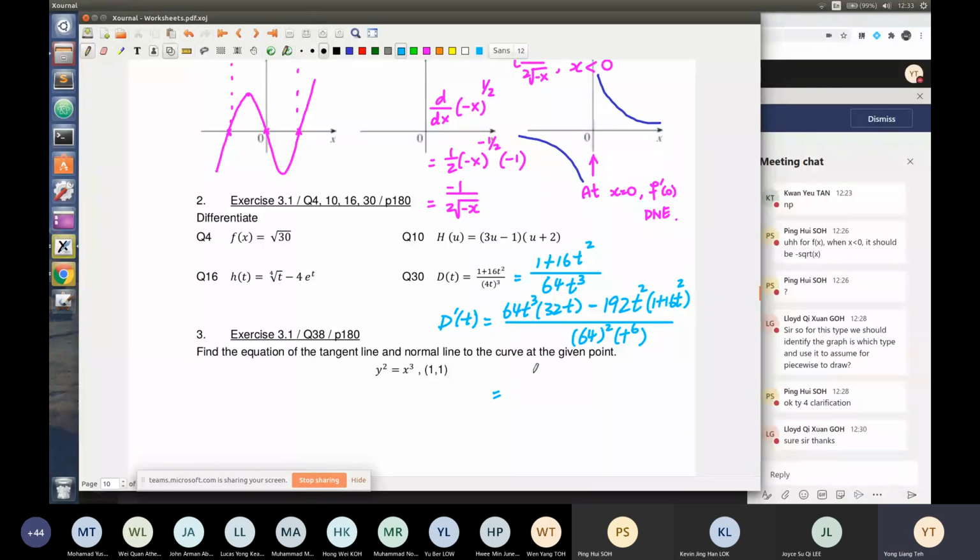So it looks like we get 64 times 32 t to the power 4 minus 192 t squared, and this is a minus 192 times 16 t to the power 4. Then this whole thing divided by this thing here.